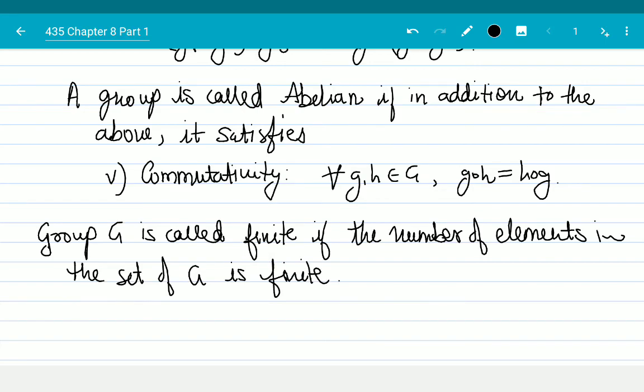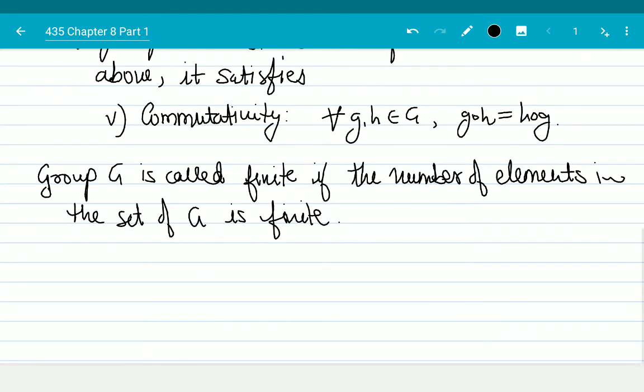Now, this might seem like an artificial construction which might not directly apply to cryptography exactly, but it makes a lot of concepts really easy to understand and a lot of proofs become easy. Now, most of the groups that you will be dealing with will always be finite and abelian.